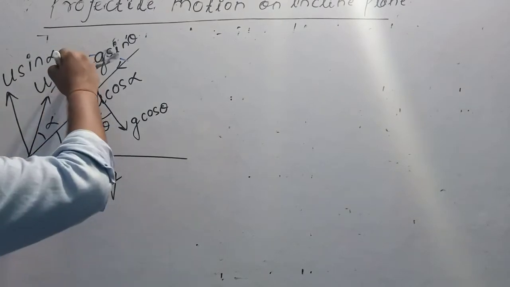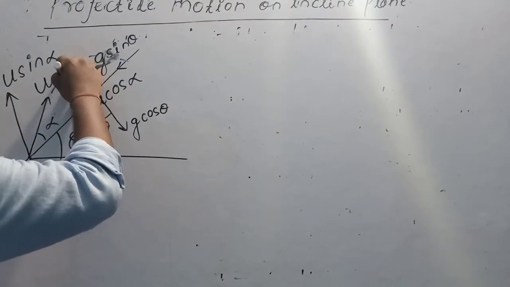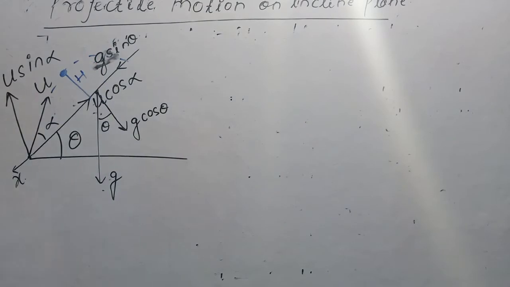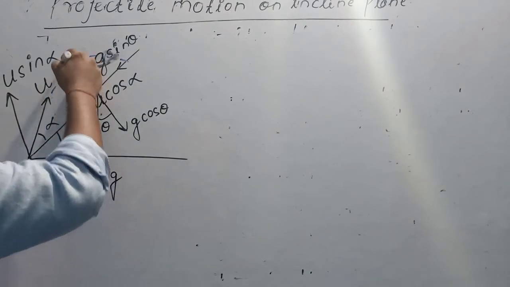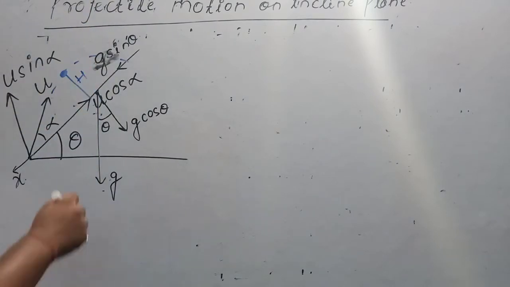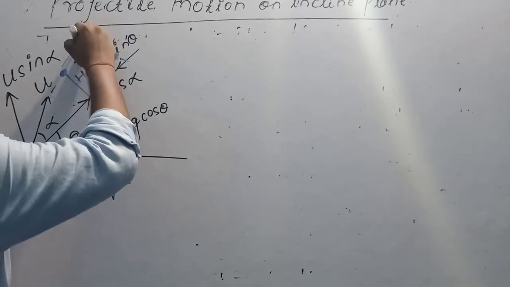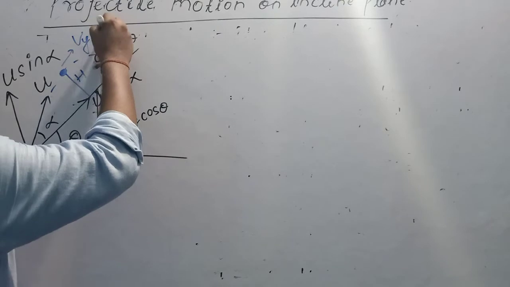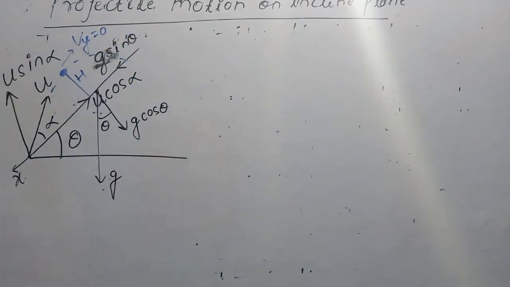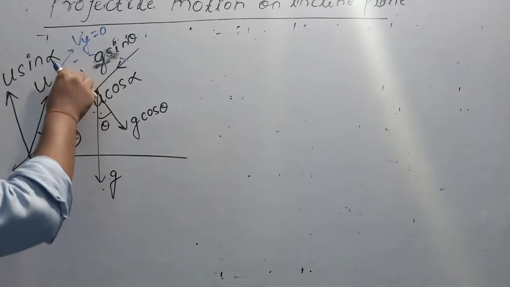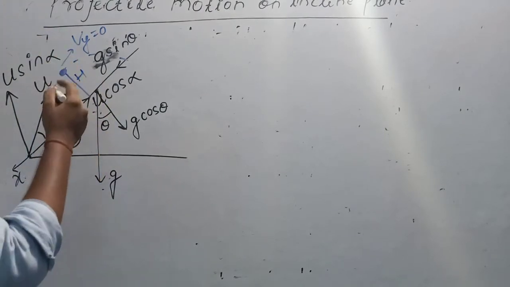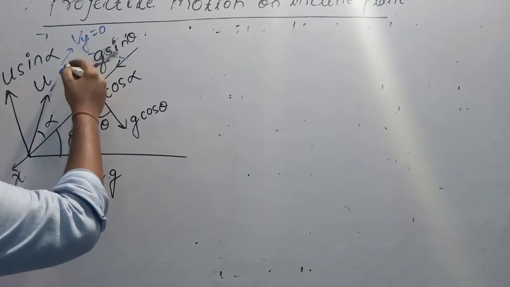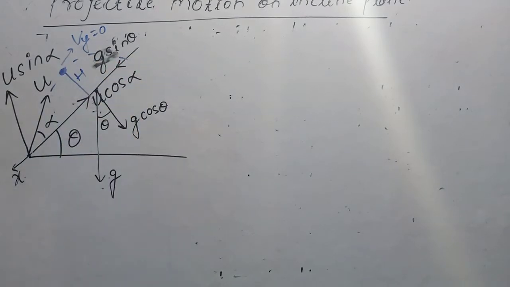At maximum height, it means that this projectile is not moving further in the upward direction, so the y component of final velocity will become 0. It means there is no further movement in the y direction, and it will again start falling from maximum height to the ground.